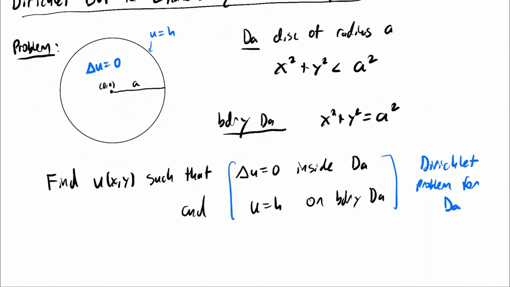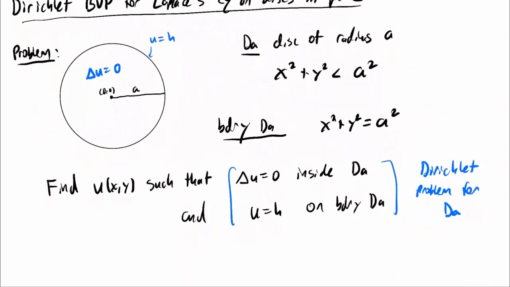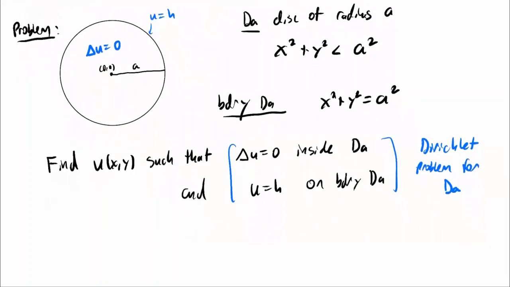Okay, and so how are we going to approach this problem? Well, we're going to use separation of variables again, but if you begin to try to use separation of variables as we did in the last example, you're ultimately going to encounter some issues, in particular because it's harder to understand how to take advantage of this particular boundary condition, right? Well, the key point here that lets us get somewhere is to remember that there are all sorts of rotational symmetries for the Laplace equation, but this is a disk, right?